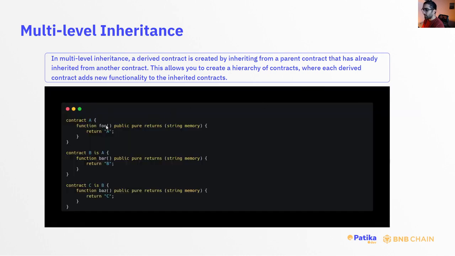For example, here I have contract A, contract B, and C. So in this regard, I inherit contract A from contract B, and I can now use this function. And in this contract, I also inherit B, meaning that I also inherit A, because in B I inherited A. So this is called multi-level inheritance.